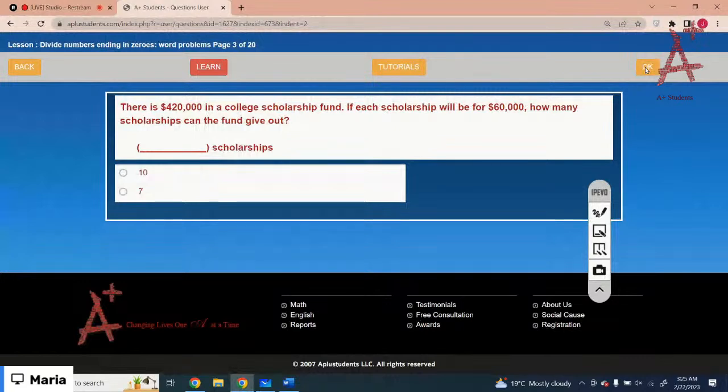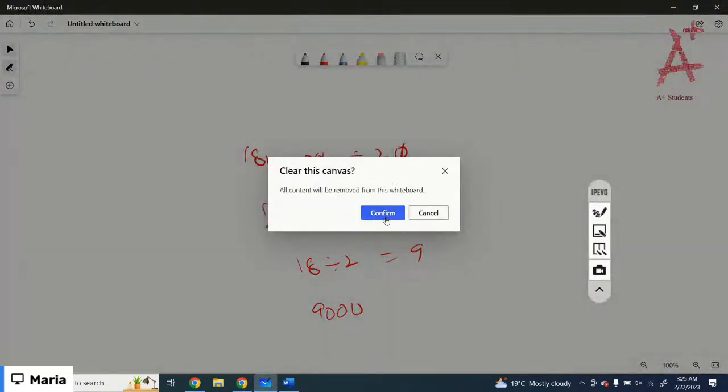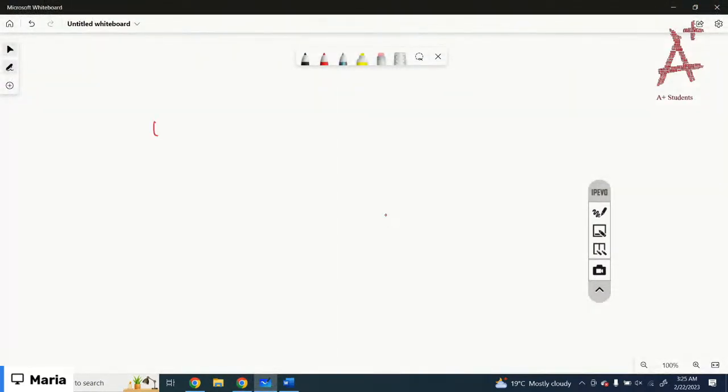There is 420,000 in a college scholarship fund. If each scholarship will be 60,000, how many scholarships can the fund give out? 420,000 divided by 60,000. Okay, just look at the number of zeros in both divisor and dividend. Here you have 4 zeros and here you have 4 zeros.